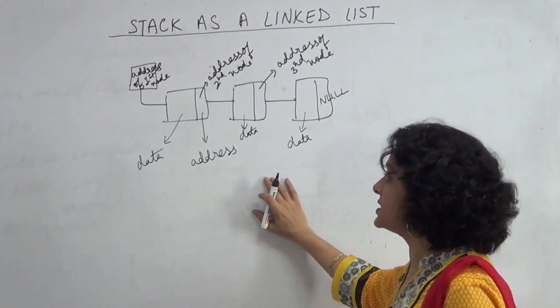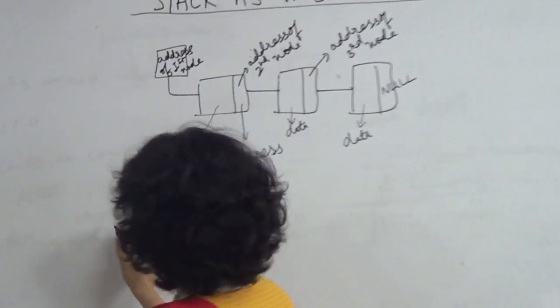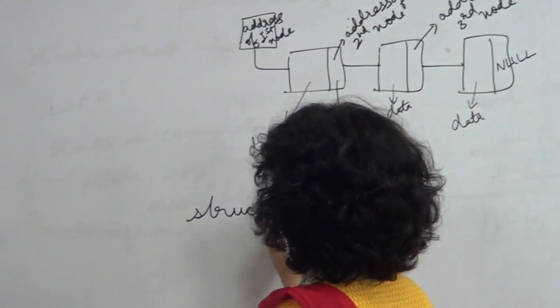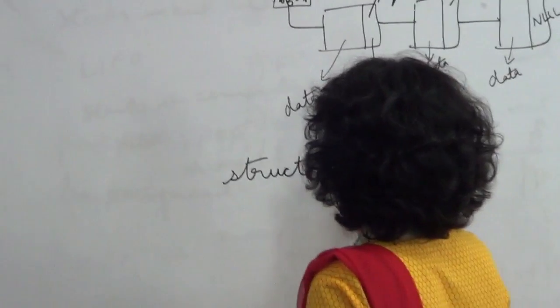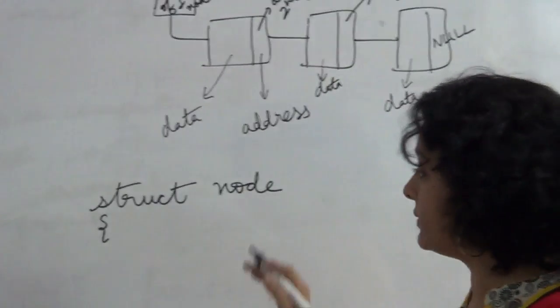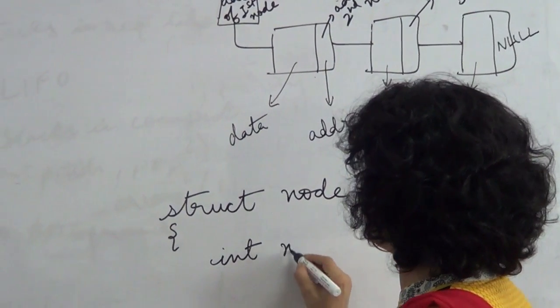In C++, to create nodes, we use structures. Let us see how we can create it. Now to create a node which can store integer type of data, I will create a structure like this. Int num.